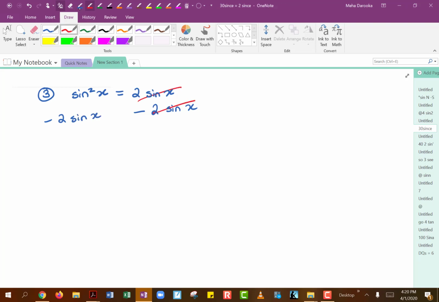So these will cancel out, and you will be left behind with sine squared x minus 2 times sine of x, and this will equal 0. You will notice we have at least one sine function here and one sine function here.